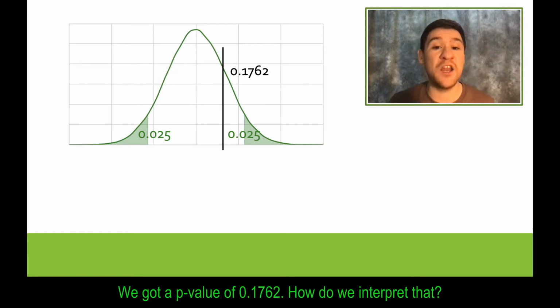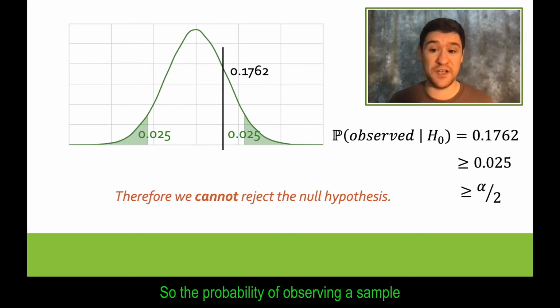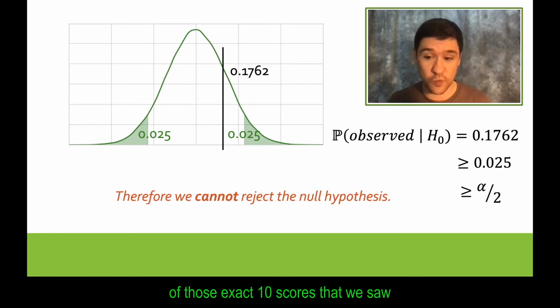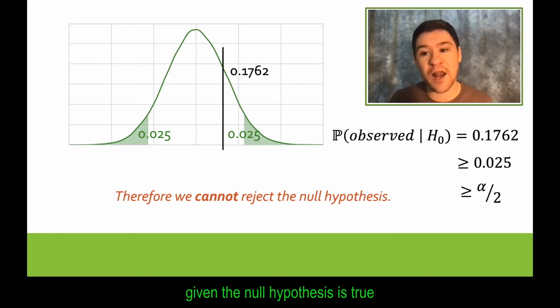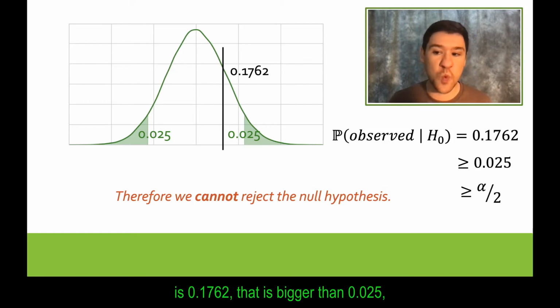We got a p-value of 0.1762. How do we interpret that? The probability of observing a sample of those exact 10 scores that we saw, given that the null hypothesis is true, the null hypothesis being that they chose completely randomly, is 0.1762. That is bigger than 0.025.